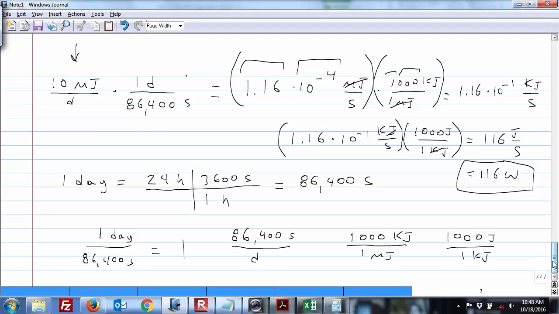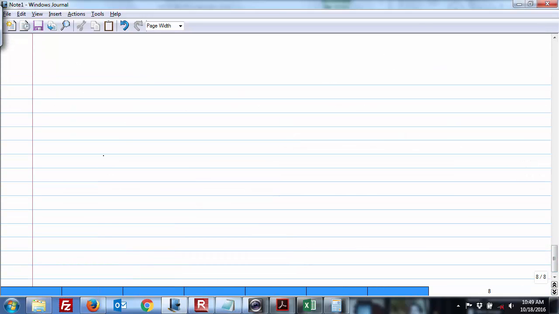Now, the only thing we have left to do here is to convert that to horsepower. It's like we go from being a Prius to a dragster. Yeah, we have different gears. 116 watts, and I'm going to multiply that. What did we say?